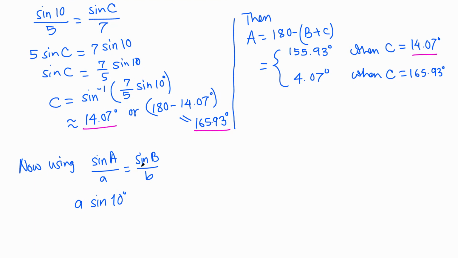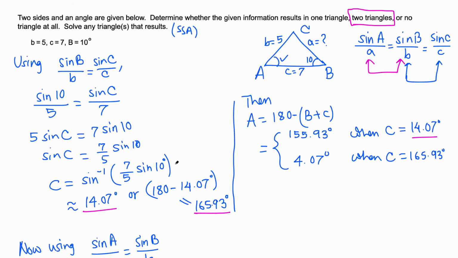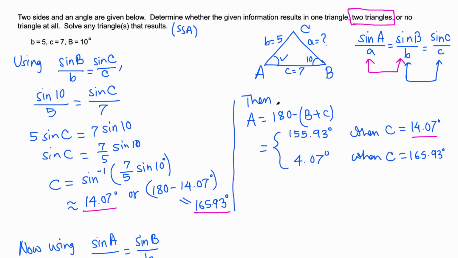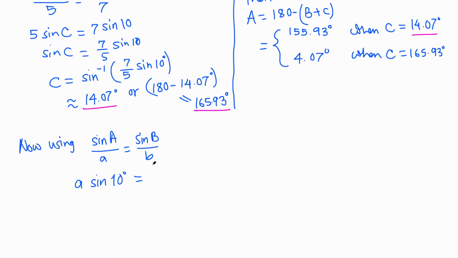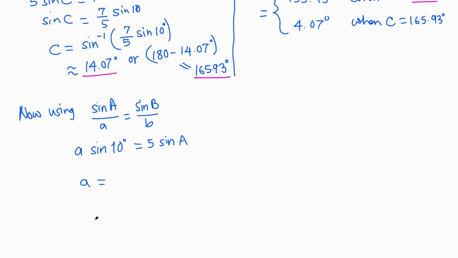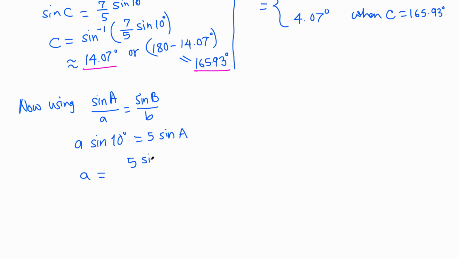So a sine 10 equals 5 sine A. Now divide both sides by sine 10. So lowercase a is 5 sine A all over sine 10.